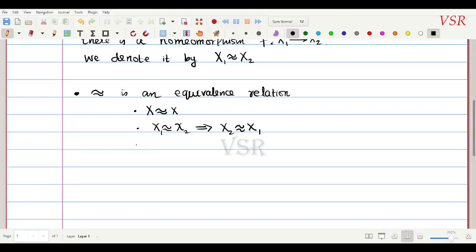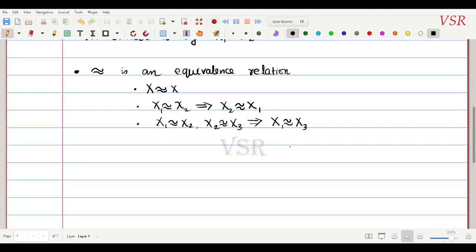Third, if X1 is homeomorphic with X2 and X2 is homeomorphic with X3, then X1 is homeomorphic with X3. So these are all the results we have studied. For these we used the identity map, then f inverse, and then the composition function.